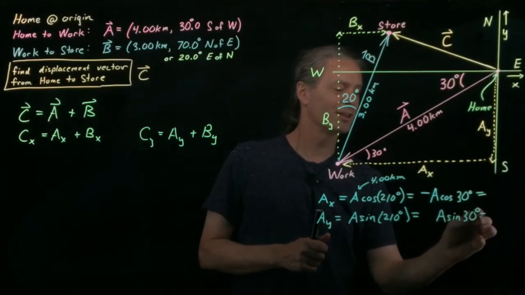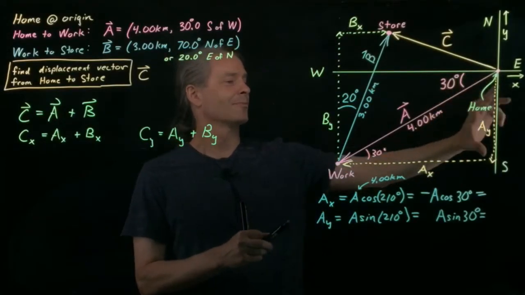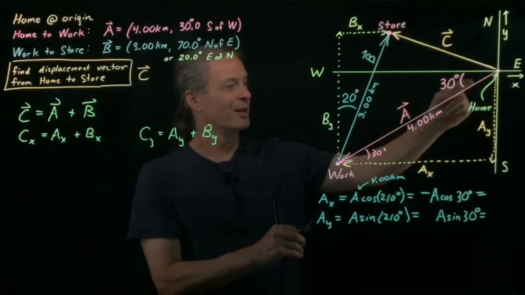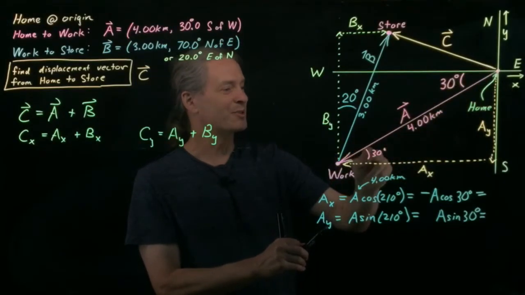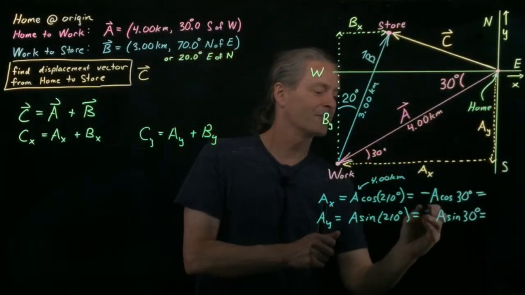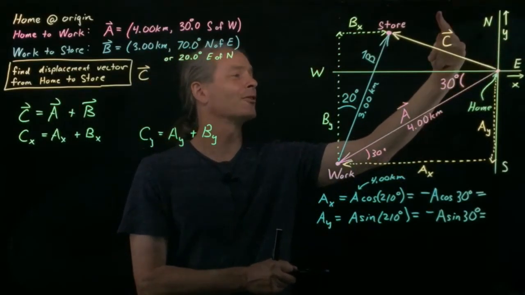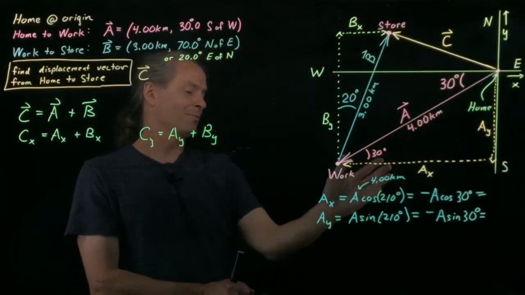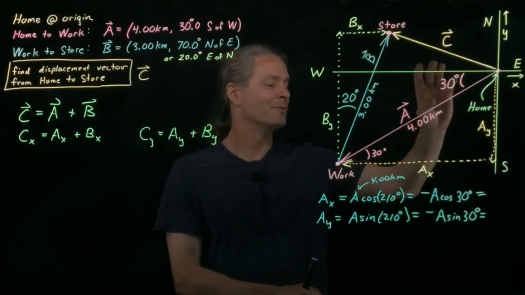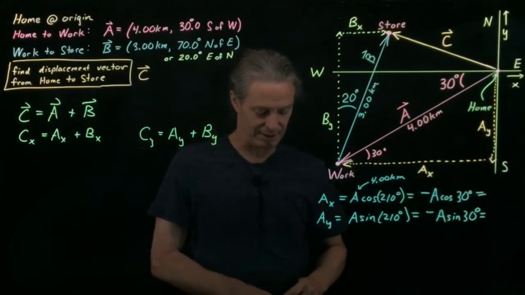So A sub y is opposite to the 30-degree angle, so I could take this hypotenuse, or the magnitude, times the sine of that angle, get the length of this, but now I need to put in by hand that it's in the negative y direction. If you use the full angle from the positive x-axis measured counterclockwise, the signs, positive or negative, will come out automatically. But if you use the smaller angle, between 0 and 90 degrees, you need to put in the signs by hand. All right, so we can calculate those out.